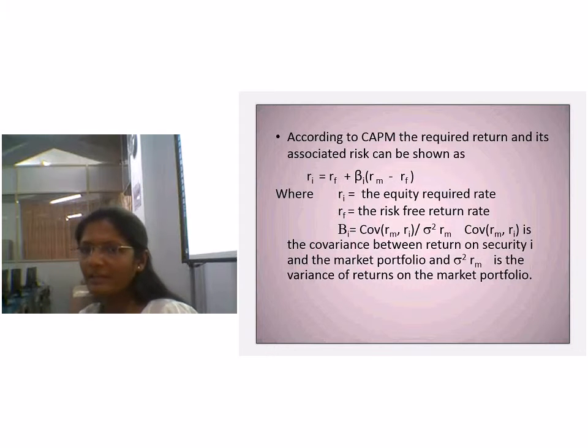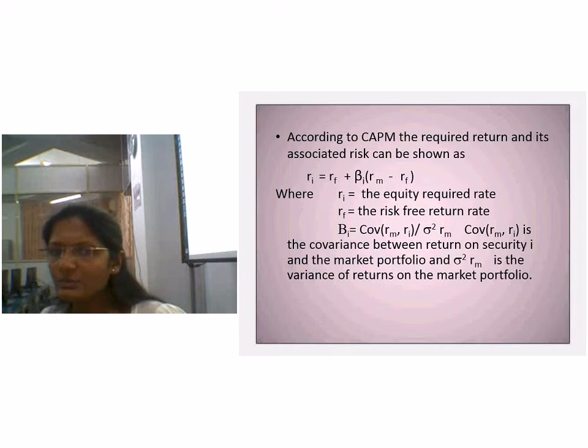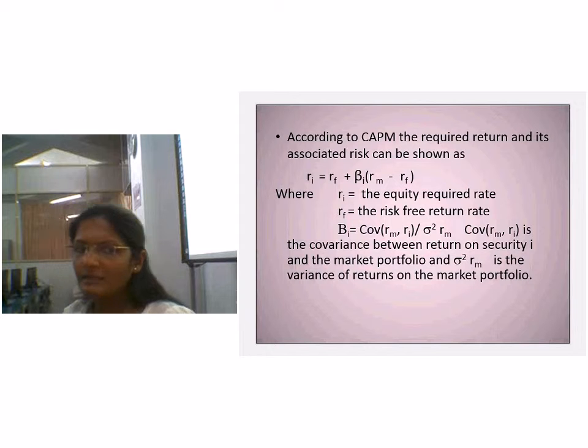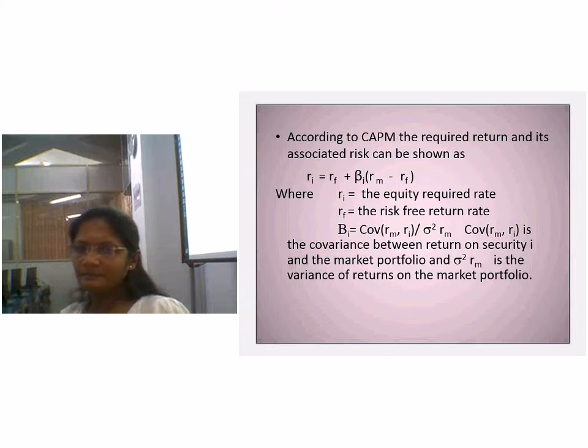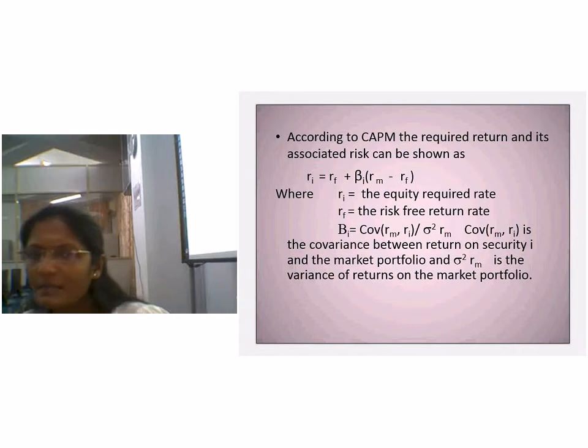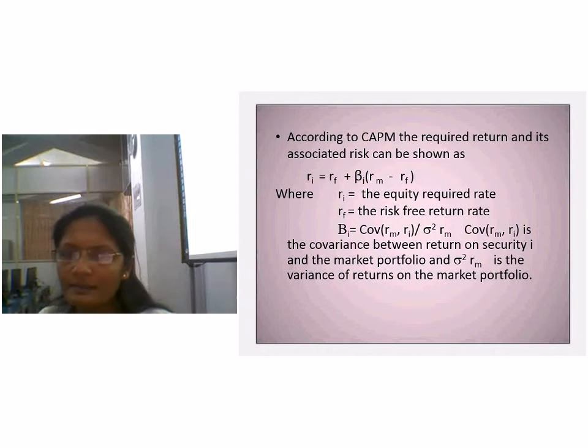According to CAPM, required return and its associated risk can be shown as Ri, that is the required return, equals Rf, risk-free rate, plus beta times (Rm minus Rf).